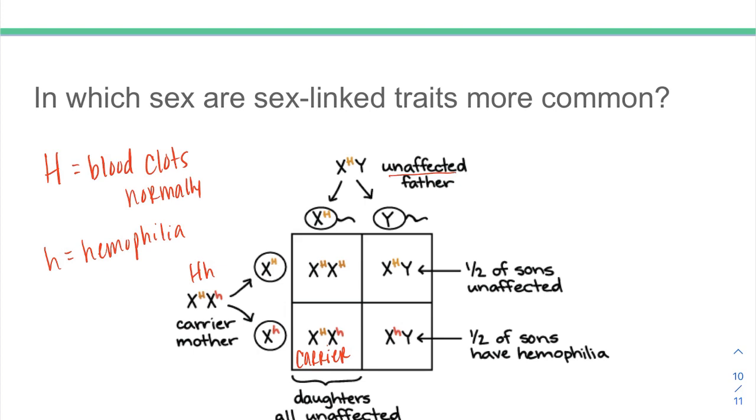But then here, he inherited that carrier, the recessive sex-linked trait on the X chromosome. And because there's a Y and there's not another X to make him just a carrier, he instead is affected and has hemophilia. So you can see here that all the daughters are unaffected from a carrier mother, but half of the sons are going to have hemophilia.